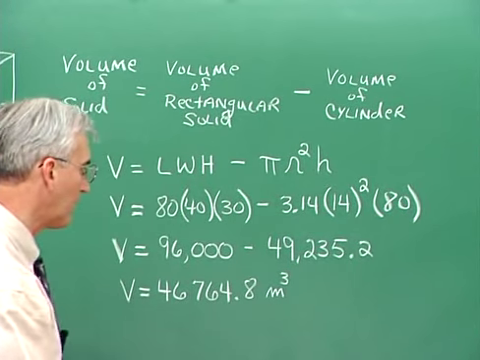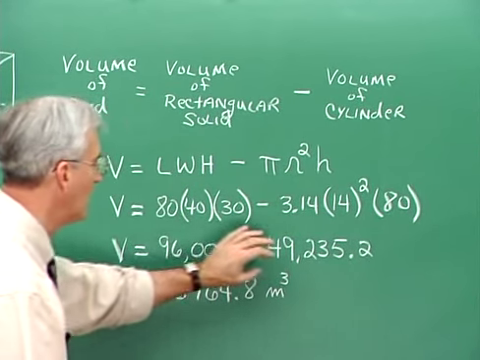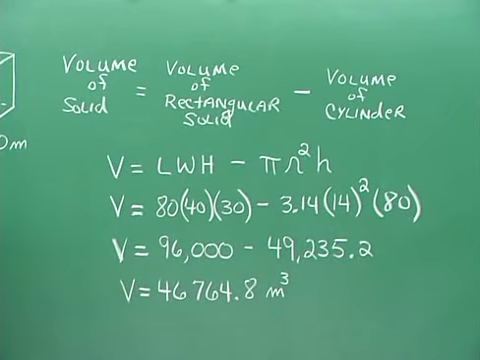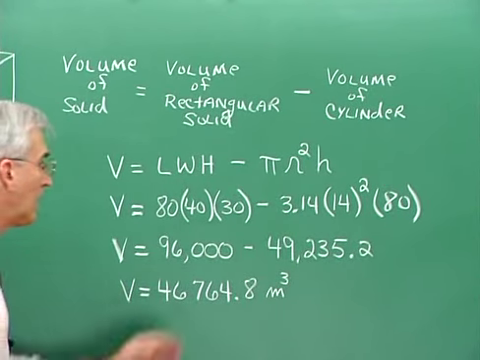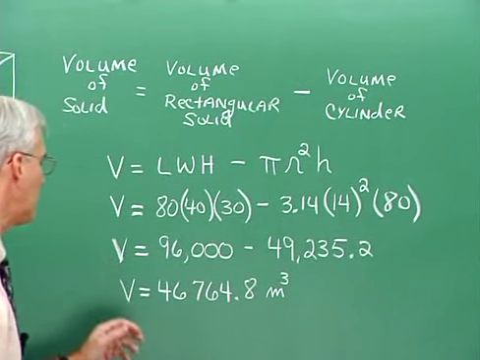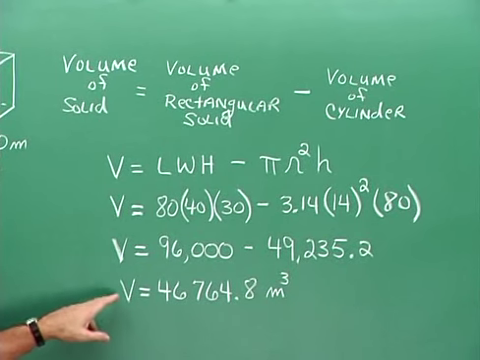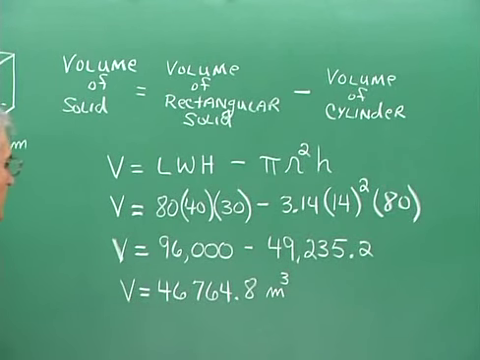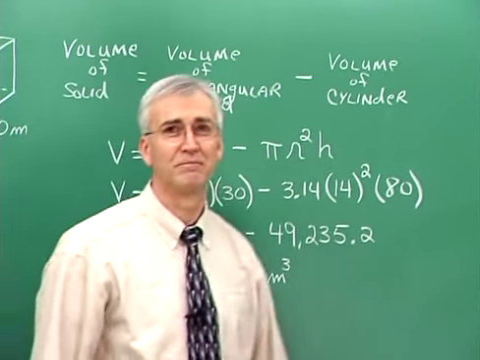All right, then going through the calculations, we find these numbers for the volumes of the rectangular solid and for the cylinder. Subtracting here, we find that the figure then has a volume of 46,764.8 cubic meters. Pretty big object.